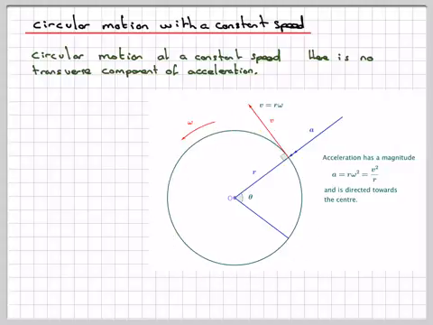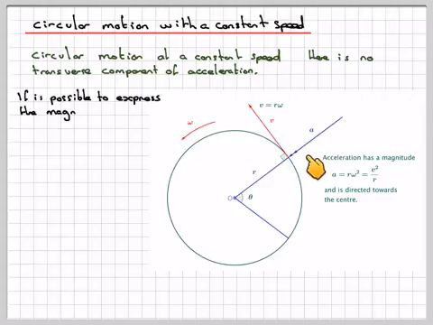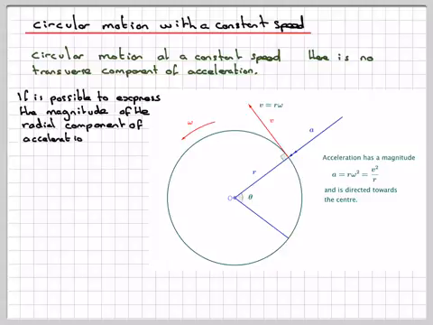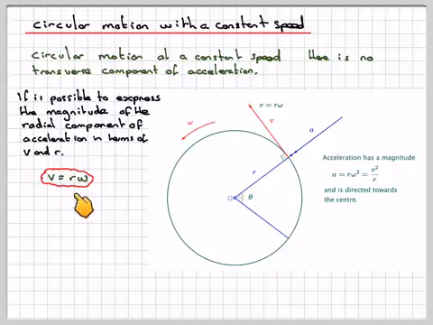with the particle moving around in this direction being positive. So if we want to find the magnitude of this acceleration, remember outwards is positive, so for the radial component of acceleration, you can actually write it in terms of v and r. We know that v is equal to r omega, and therefore omega is equal to v divided by r.